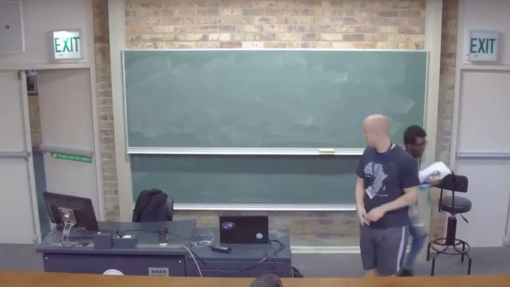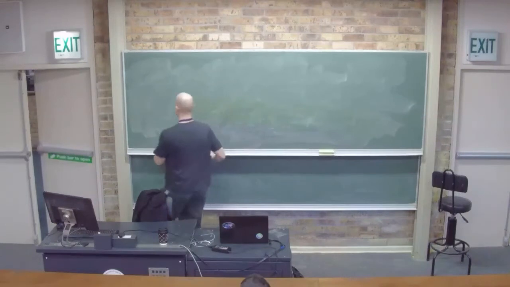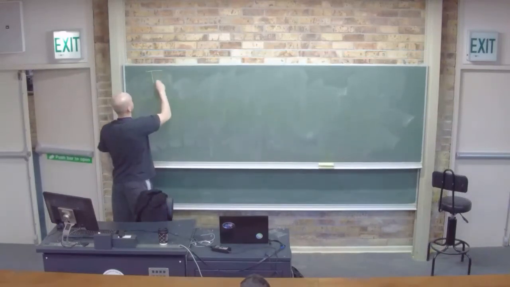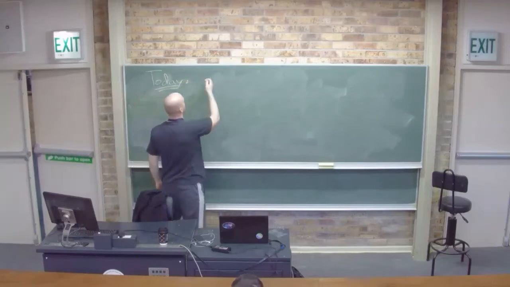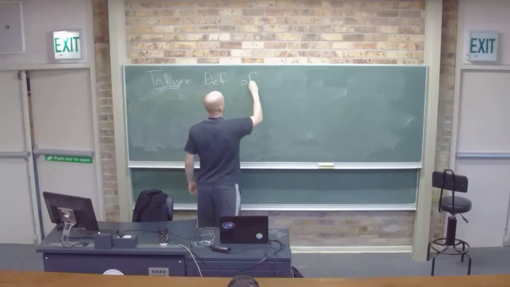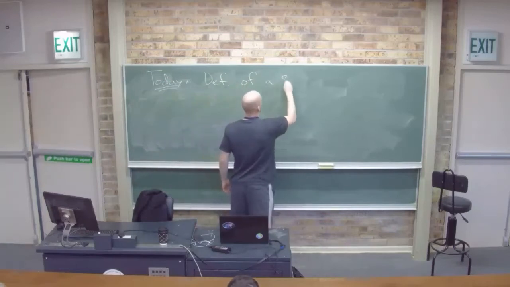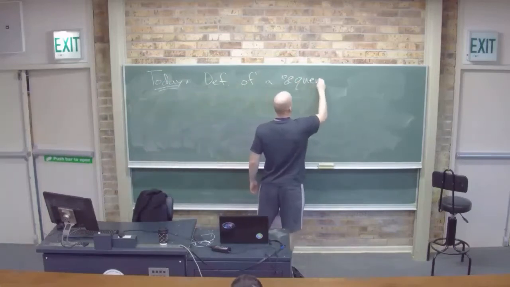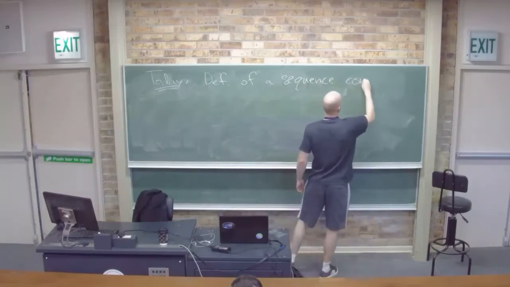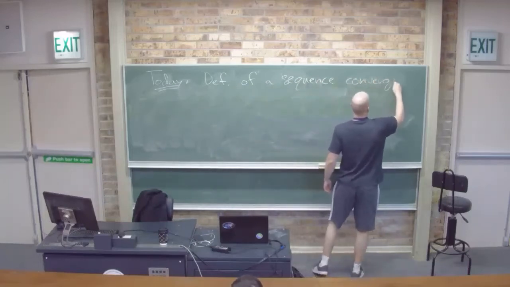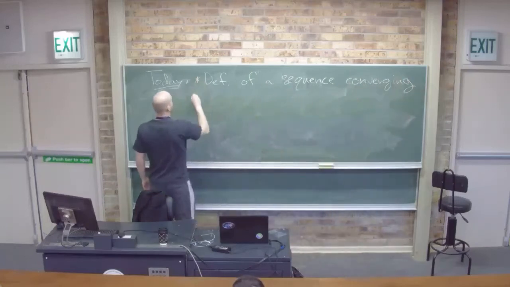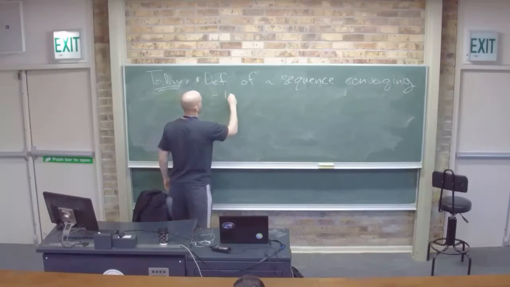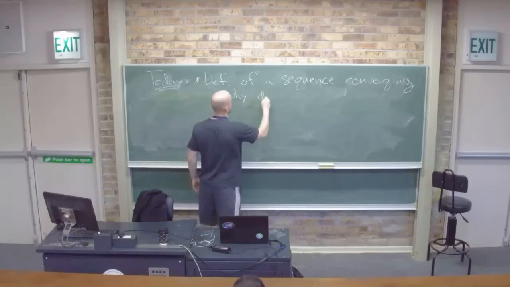So the plan today, maybe I'll just write it. So today, if you just want this for your notes, our plan today is the definition of a sequence converging, and we're going to talk about why this makes sense.